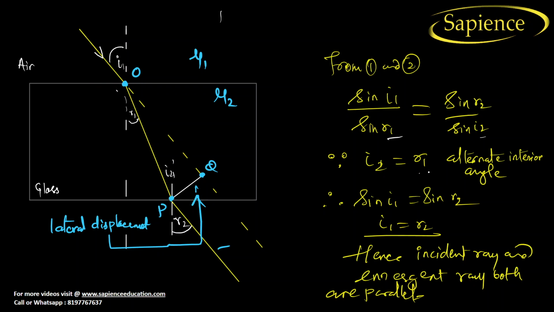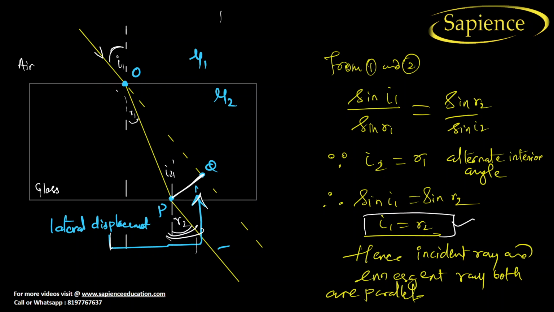I2 is equal to R1, because these two angles are equal, so both will be cancelled out. Finally, we are getting sin I1 is equal to sin R2. Now from this we can infer that I1 is equal to R2. So the incident angle and emergent angle are the same. It means both the lines are parallel, but it has been shifted. This shift is known as lateral shift.